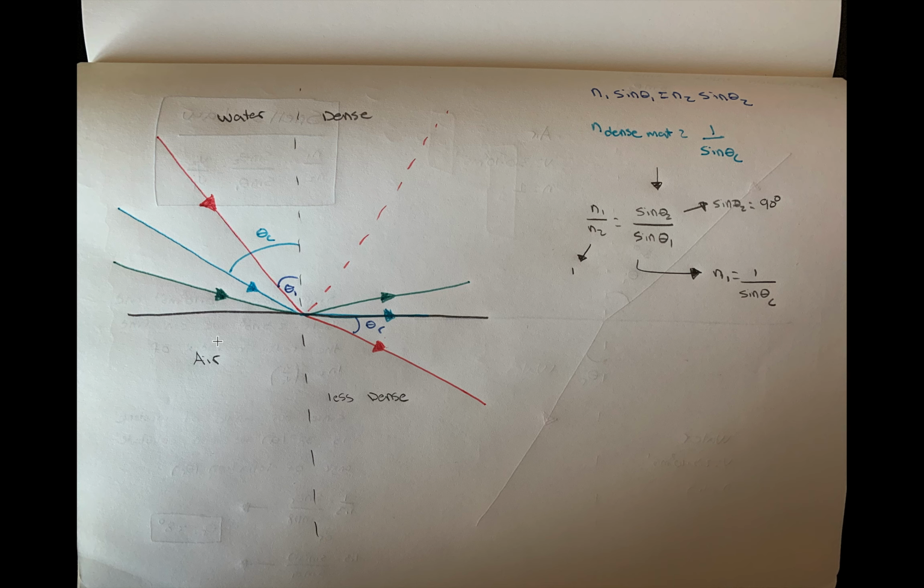Since it's going to air, we know the refraction index of air is 1. So the dense material, N1, equals 1 over sine of the refracted angle, and since sine 90 degrees is equal to 1, the refraction index of the dense material is 1 over sine of the critical angle.